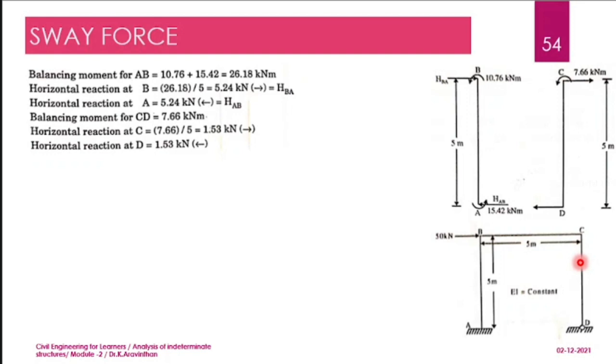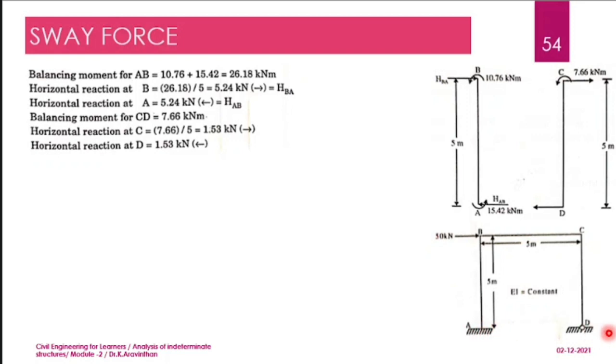Why? Because one end is fixed and other end is hinged here. You are not aware of what is the sway force carried by each and every individual member. So even though you know 50 kilonewton, what is the horizontal component at HA and HD?